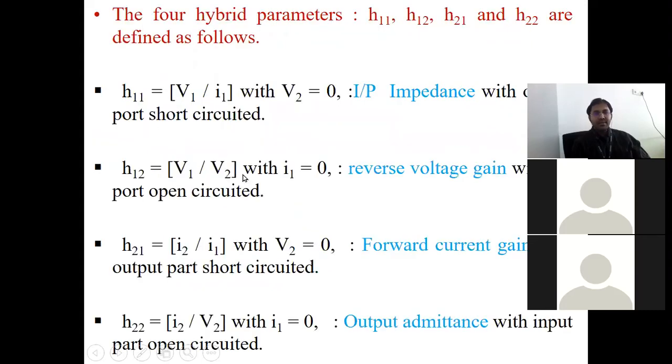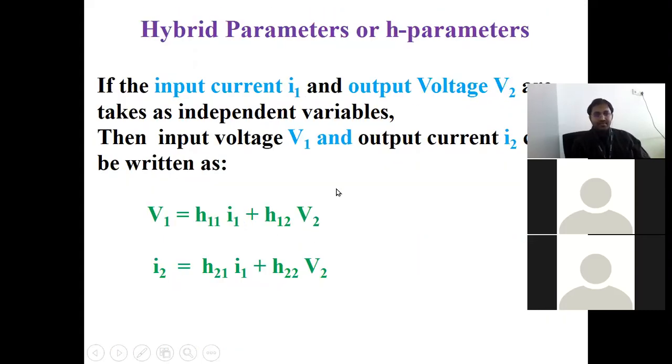The reason this is chosen to analyze your transistor amplifier circuits is that the dimensions of H11 will be in terms of impedance, and another in terms of admittance, here voltage gain, here current gain.